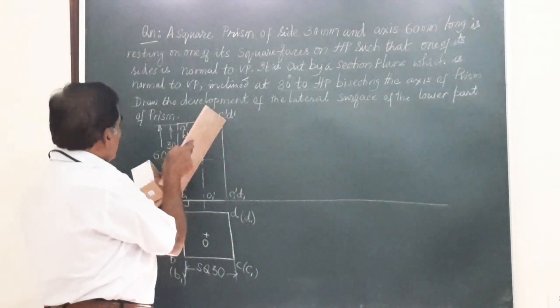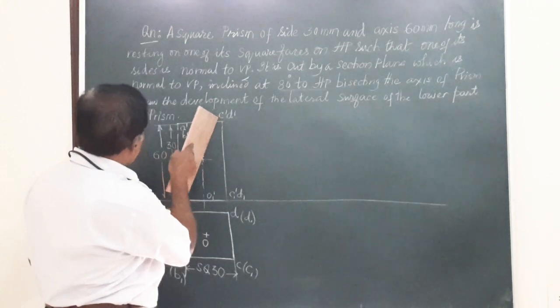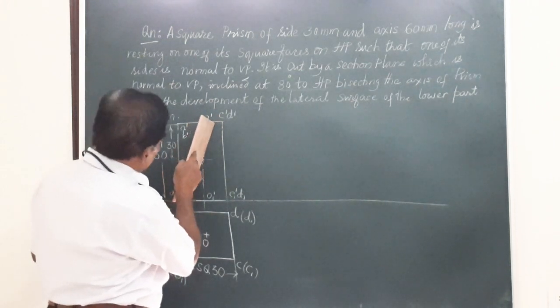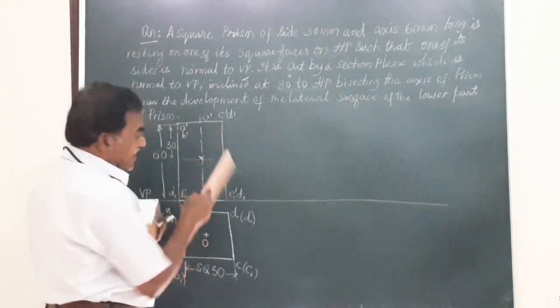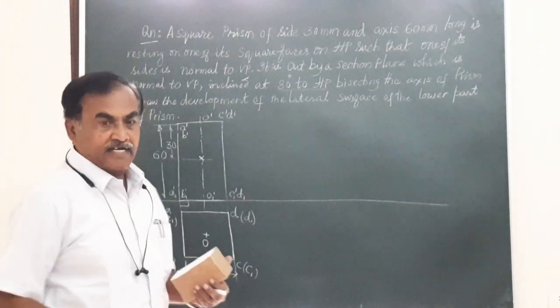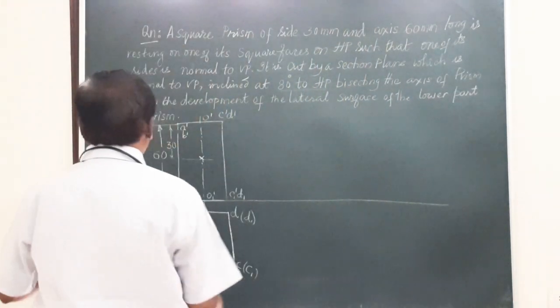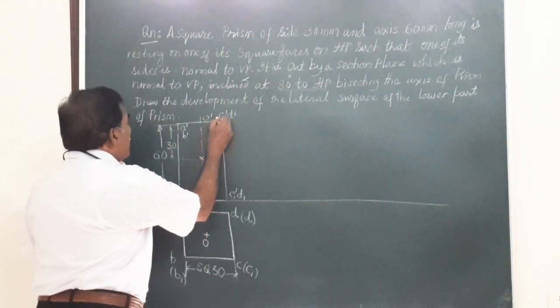So probably you are going to get something like this. We are going to have this solid cut into two pieces. So let me draw a line, that is a section plane passing through this and inclined at an angle of 80 degrees. I will draw it like this.